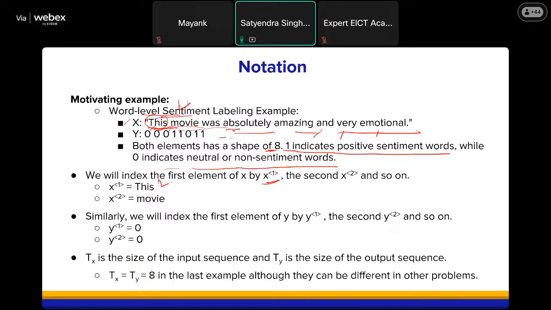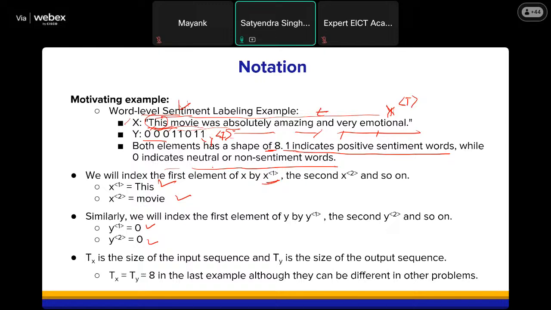Similarly, for the output, we'll have y1, y2 and so on, whereas the last is basically yt. So this is your xt and this is your yt, and let's say you have t tokens in it.